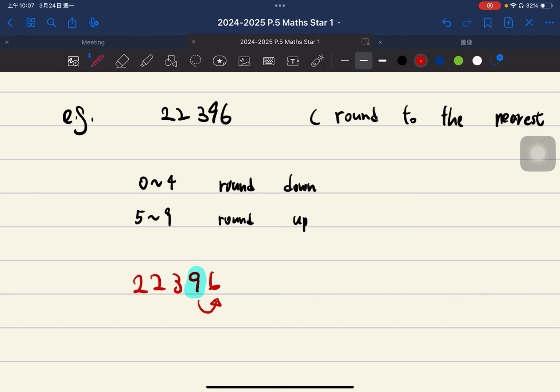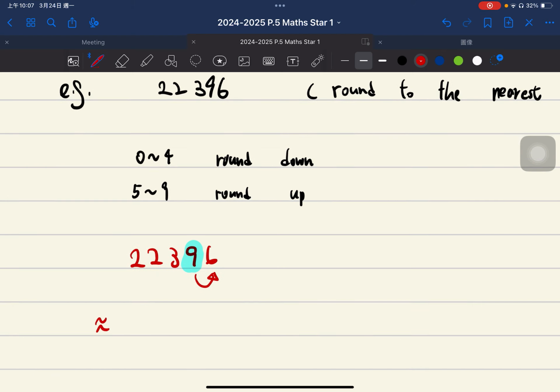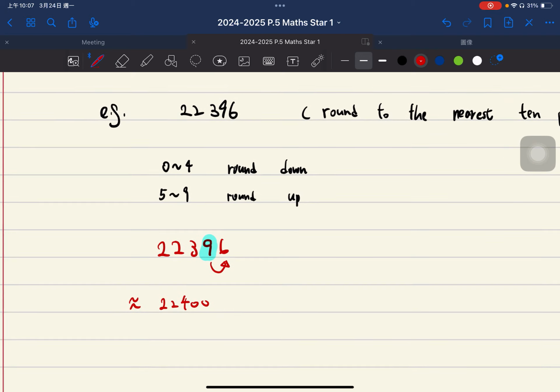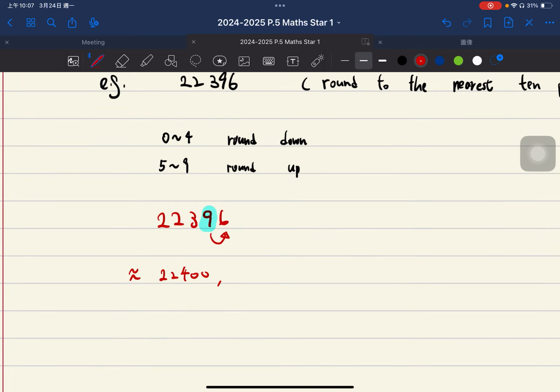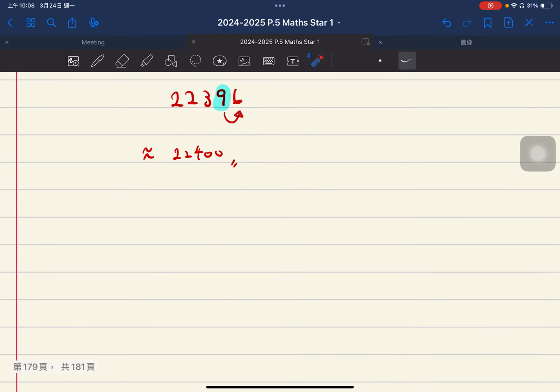Because it's 6, it will go to 22,400, because we round up. This is an idea we have learned before, but bear in mind that "approximately equal to" is very important when we are rounding up and down to get an approximate value. So let's go back to the decimal.